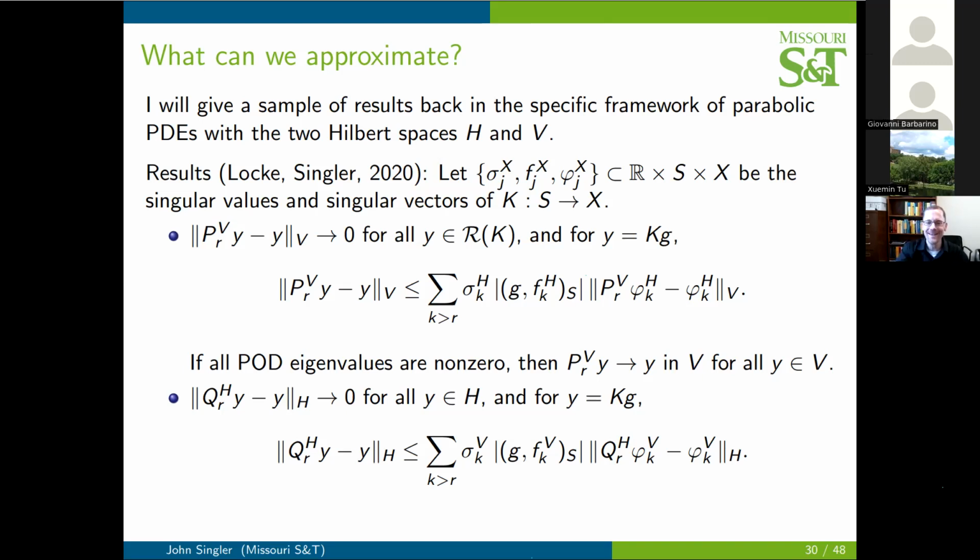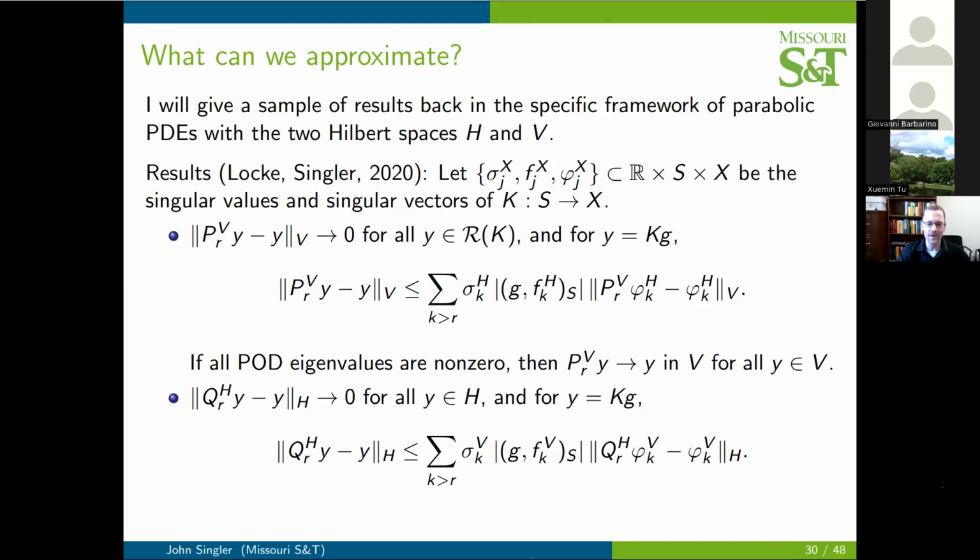They come back in these local error bounds. So these projections act on different POD modes, and there are all these mismatches. But then we have these Fourier coefficients, if you will: the inner product of G with these singular vectors.